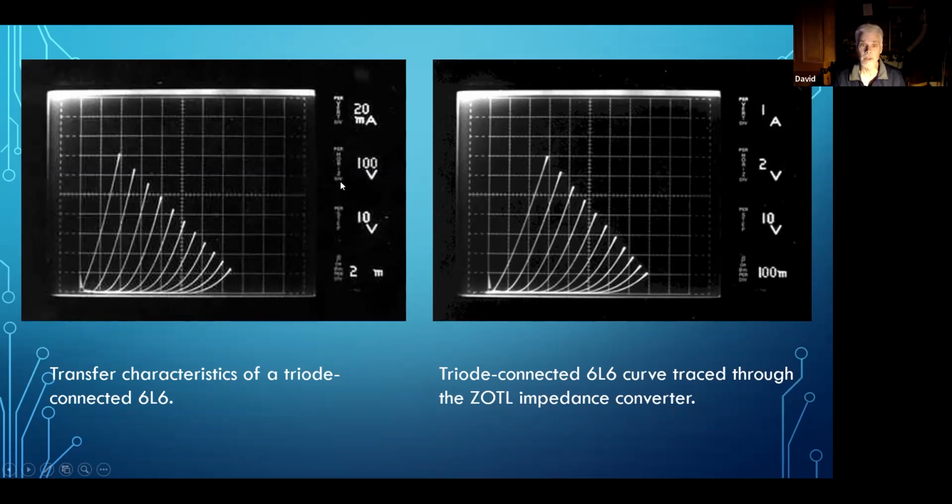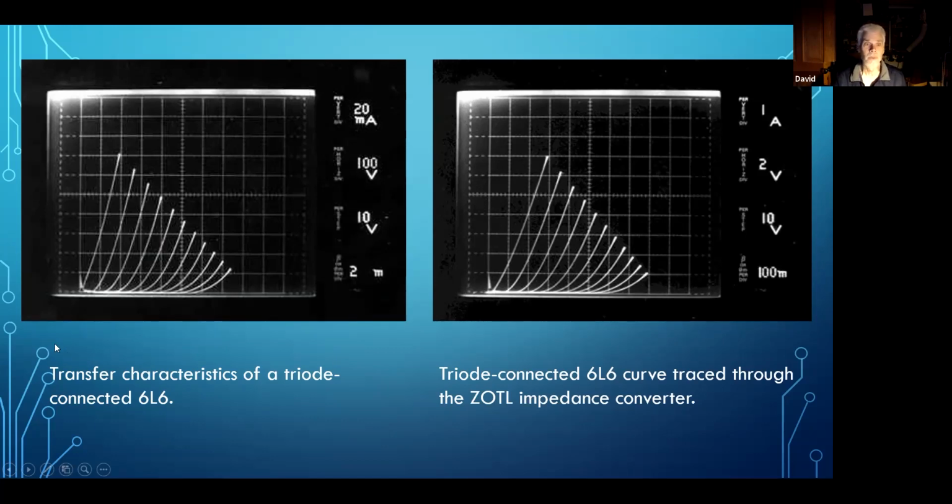The horizontal is plate voltage, 100 volts per division. So we've got 1, 2, 3, and so on, 100 volts. This per step is the grid voltage step size. So we start at 0 volts on the grid, and we go -10, -20, -30, and so on. And this is just your transconductance.